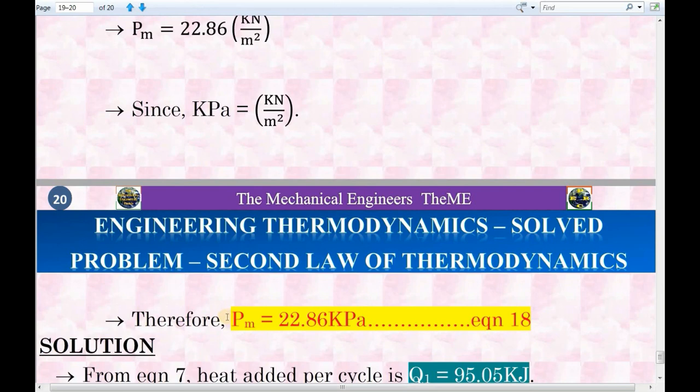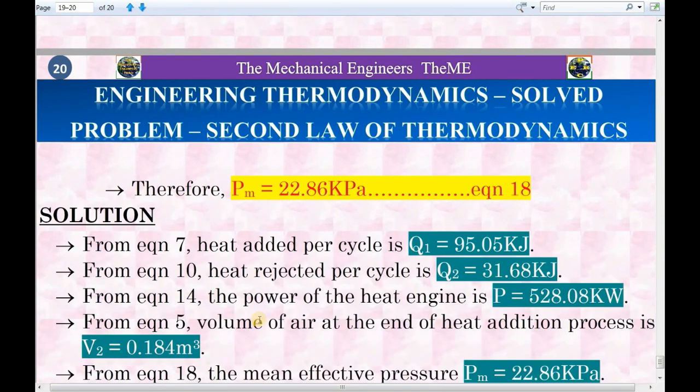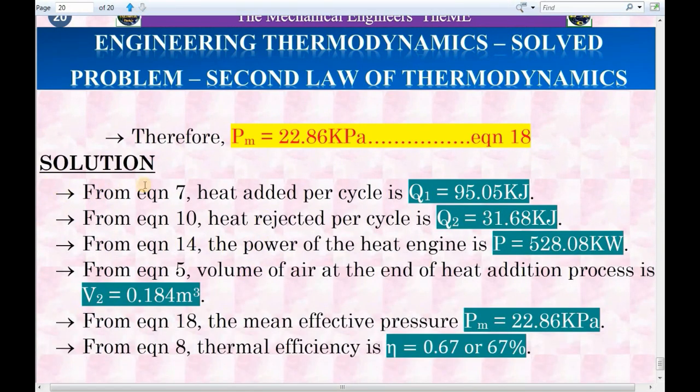Now we have found all the values. Next we will list out the solution. First, from equation 7, the heat added per cycle is Q1 is equal to 95.05 kilojoule. Second, from equation 10, the heat rejected per cycle is Q2 is equal to 31.68 kilojoule. Third, from equation 14, the power of the heat engine is 528.08 kilowatt.